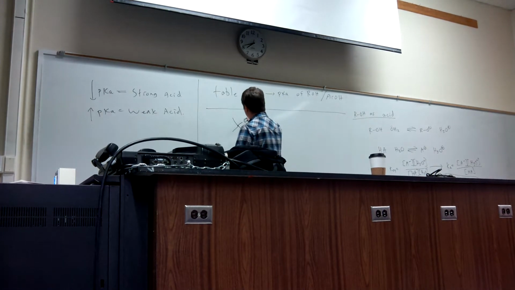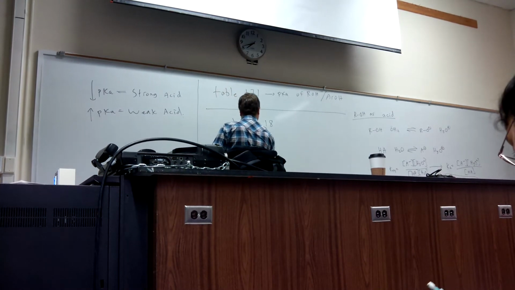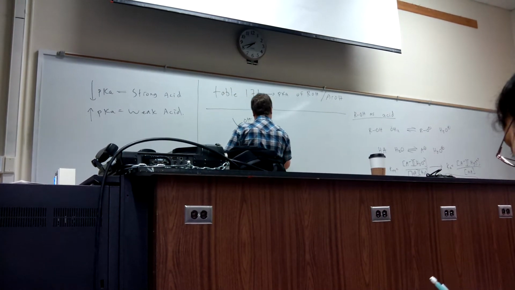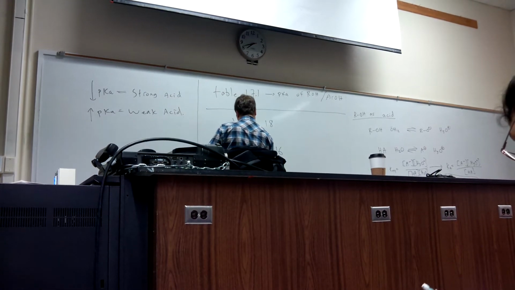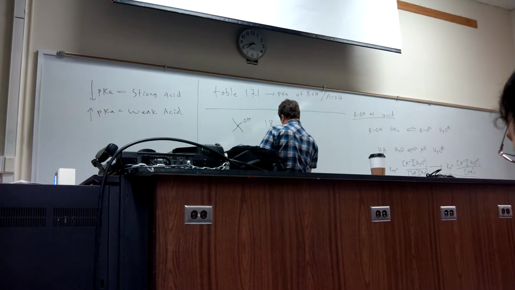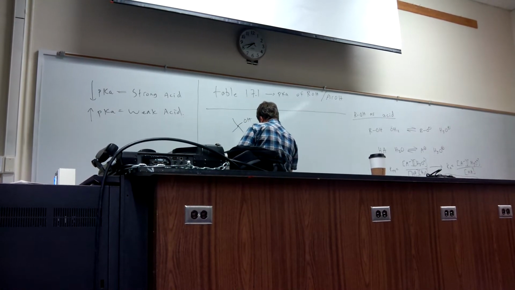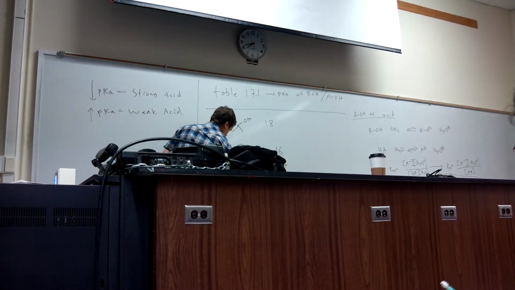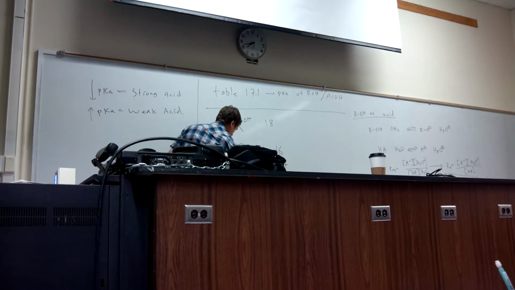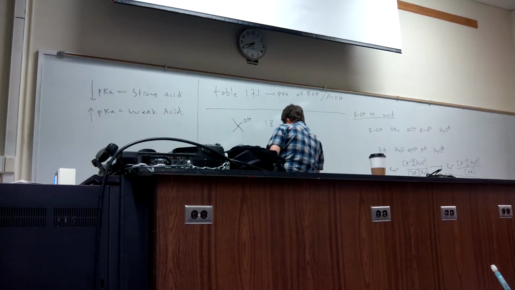Okay, so t-butanol is a little less acidic than most alcohols. Ethanol is kind of the baseline at 16, which is about the same as water. Trifluoroethanol is 12. That's interesting.